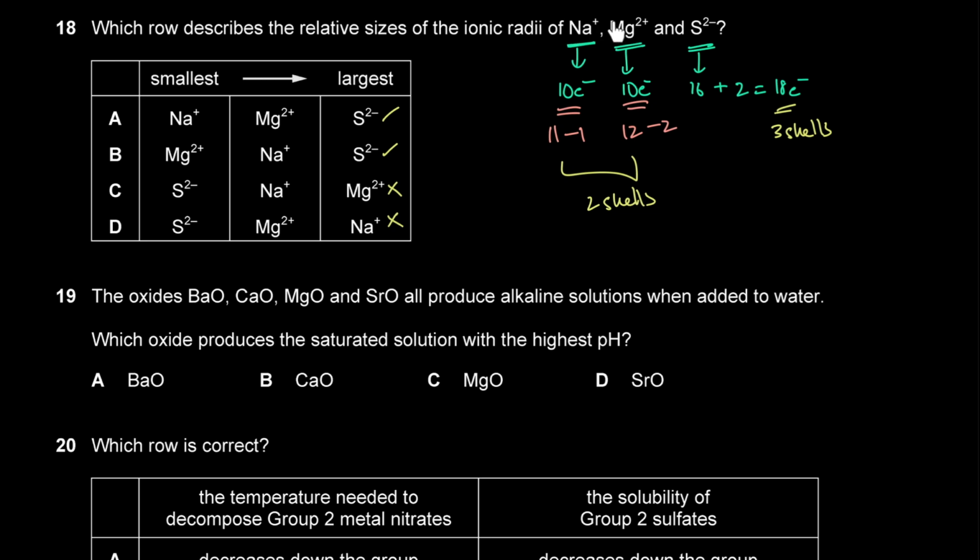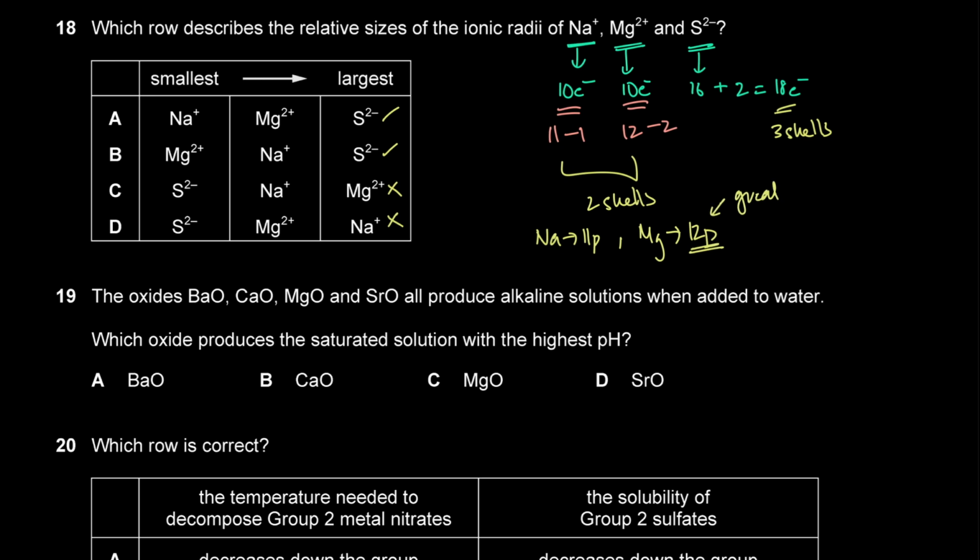Now, which of these two is smaller and which is larger? Let's compare sodium and magnesium ions. They both have 10 electrons. Sodium has 11 protons in the nucleus, and magnesium has 12 protons. Both ions have the same number of electrons and the same electronic configuration. The only difference is the number of protons. Magnesium has more protons, which means that the valence electrons are being held more strongly; they're experiencing a greater nuclear attraction.